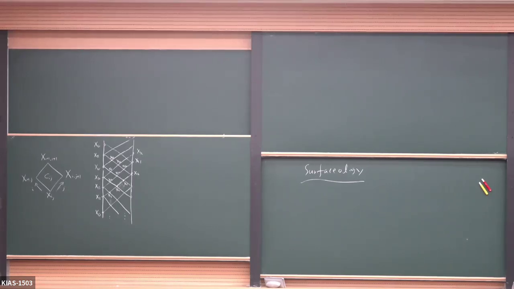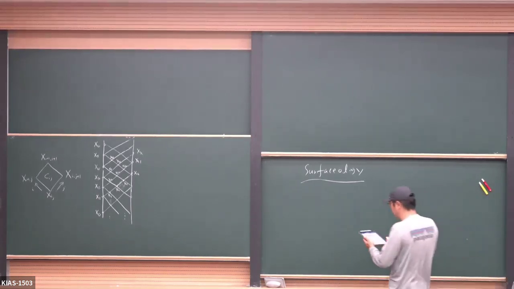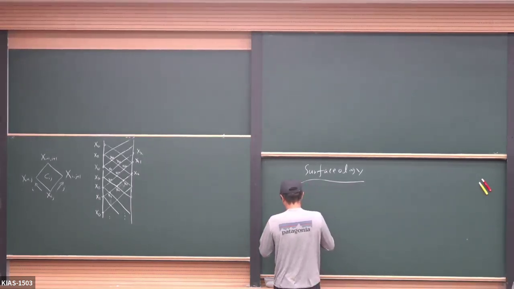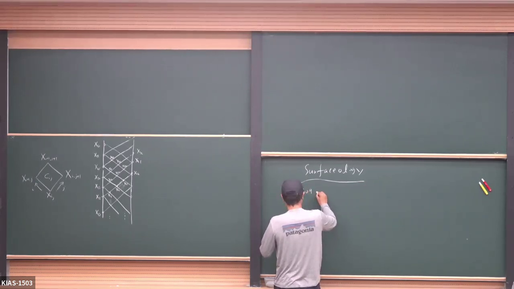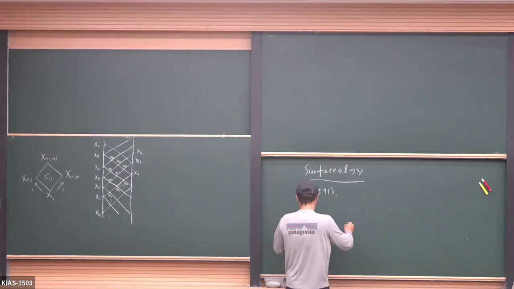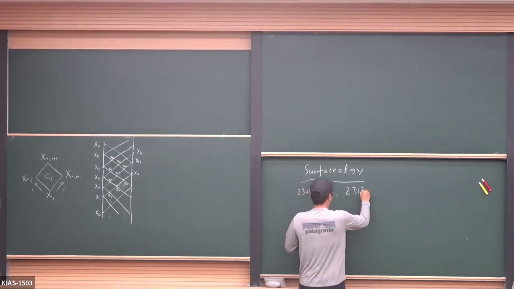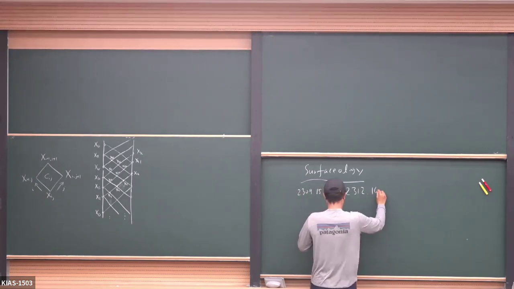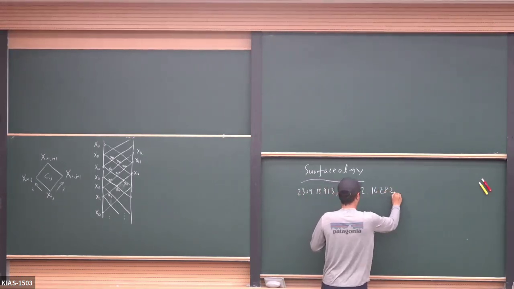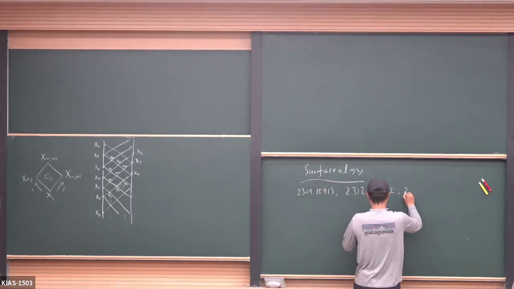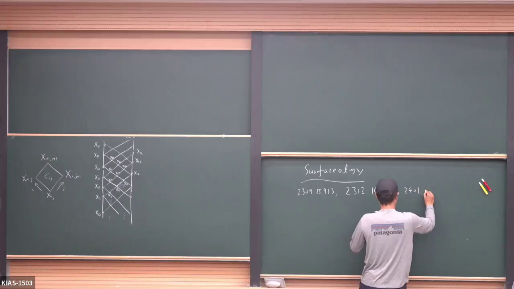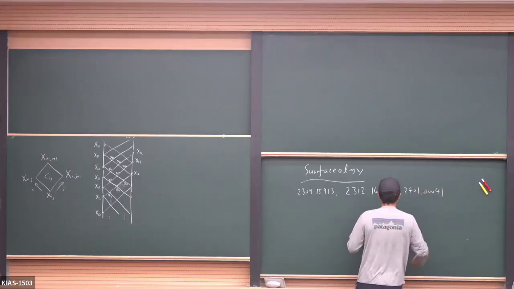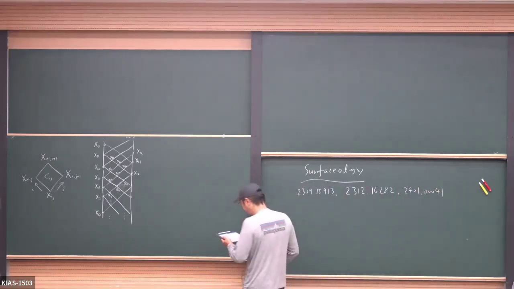Basically, most of the things I'm going to talk about will be based on this paper by Nima and collaborators, and two more papers. Most of the things I will talk about can be found in these three papers.